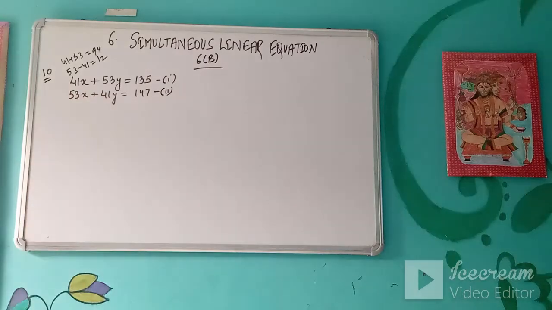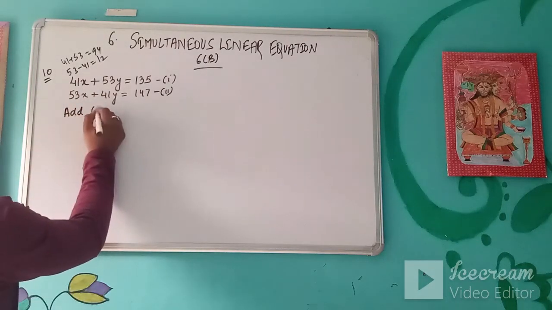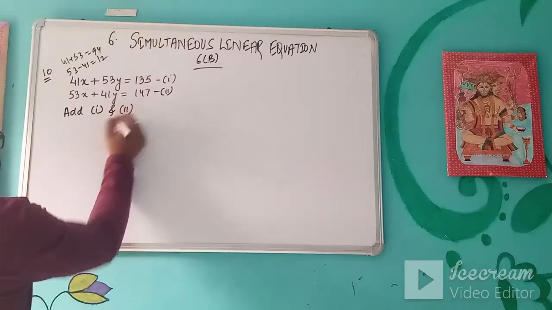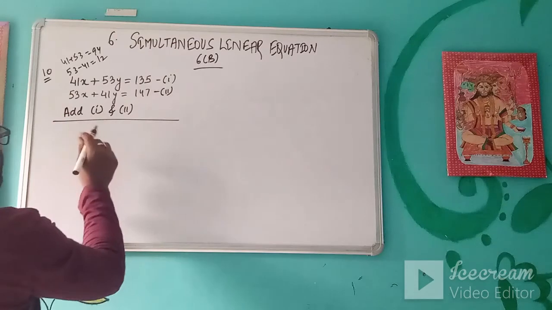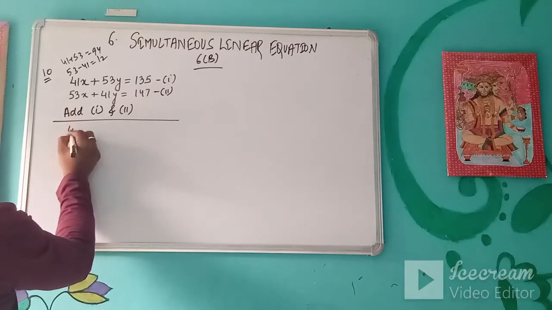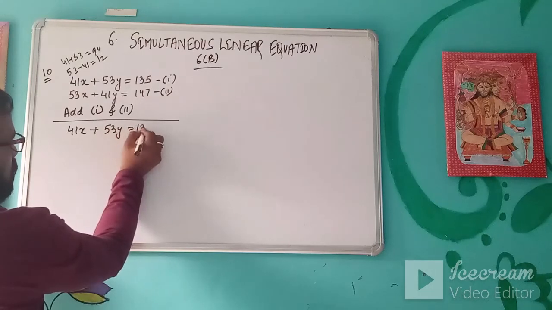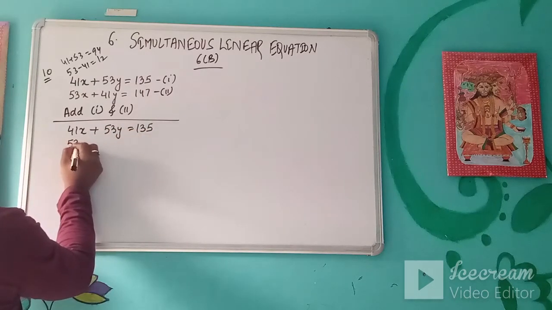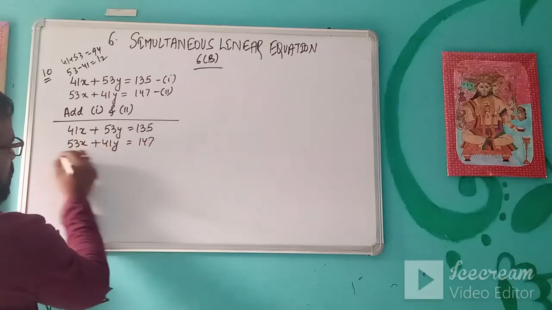So what I am going to do here, first I will add 1 and 2. So when I add these two equations, what I will get, 41x plus 53y is equals to 135 and 53x plus 41y is equals to 147.